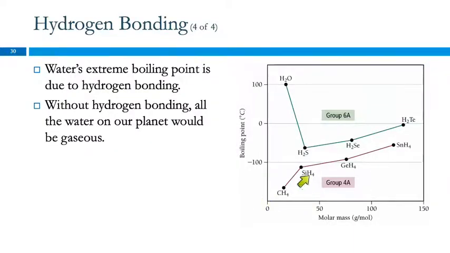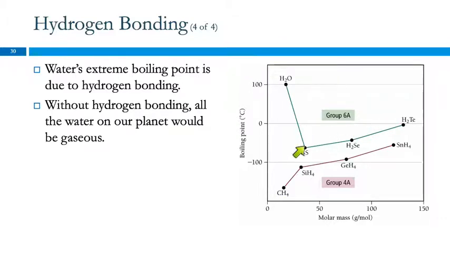These are nonpolar molecules, and so they only have dispersion forces, but the boiling point increases because dispersion forces get stronger with larger molecules. So this is a larger molecule, the dispersion forces are stronger, its boiling point is higher than for CH4.